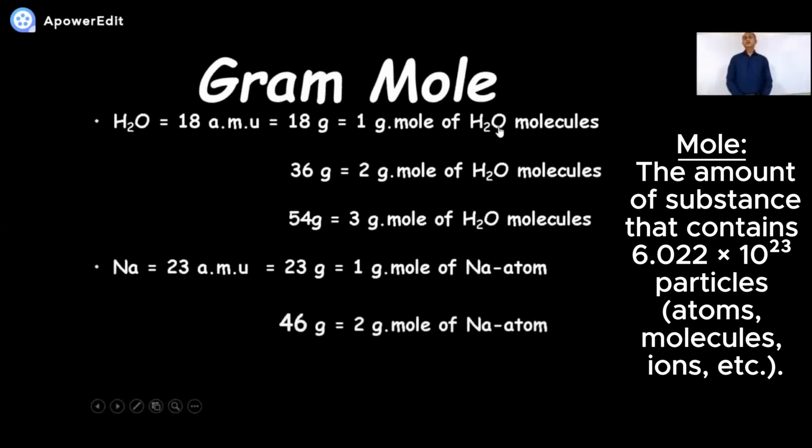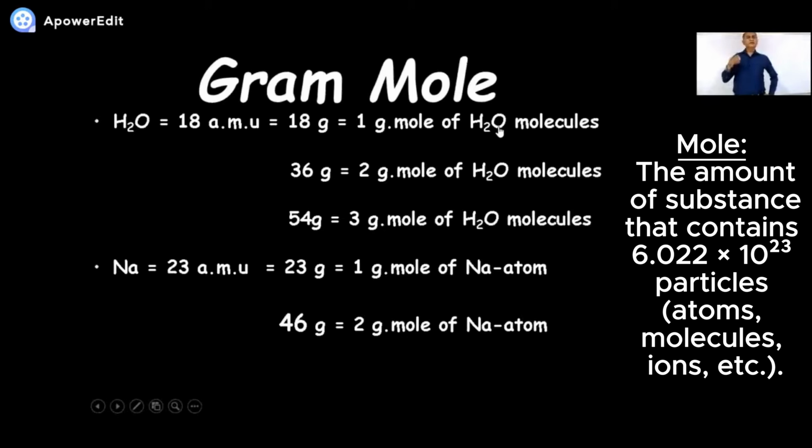For example, what can you see on the first line? Water, H2O. Remember, if you were absent, if you didn't attend the class during the last 3 or 4 days, you won't be able to understand whatever I am telling you, until you are intelligent enough to understand. Water, its molecular mass is 18. All of us know.